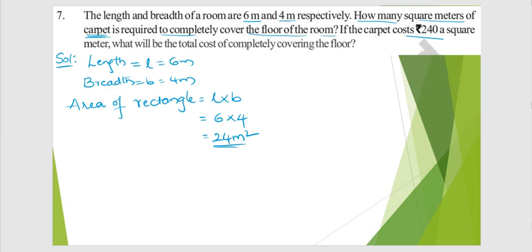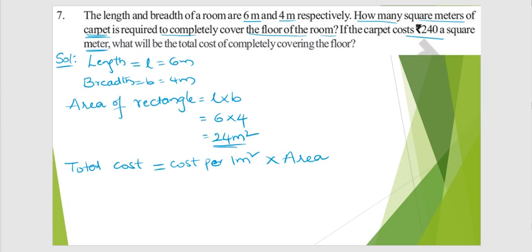Now if carpet costs 240 a square meter, so every square meter costs 240 rupees, then he is asking you to find the total cost. So what is the total cost formula? Total cost is equal to cost per 1 meter square into the area.